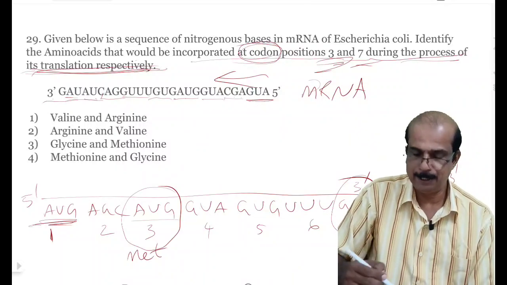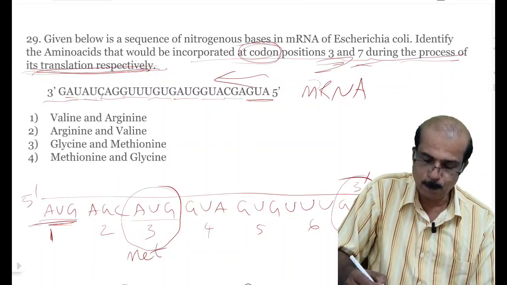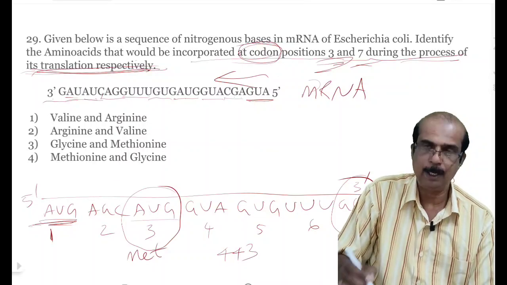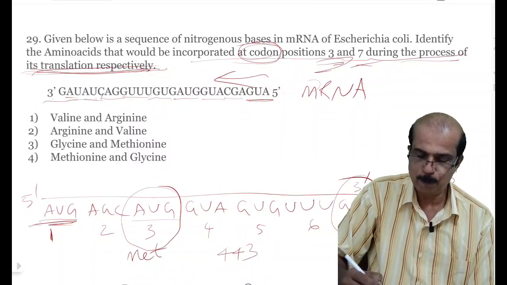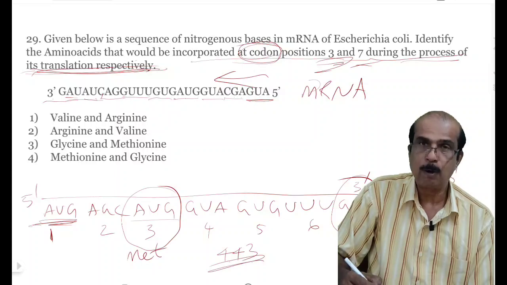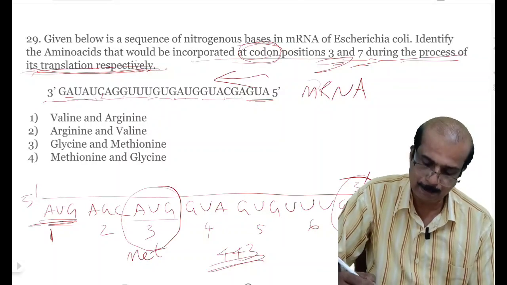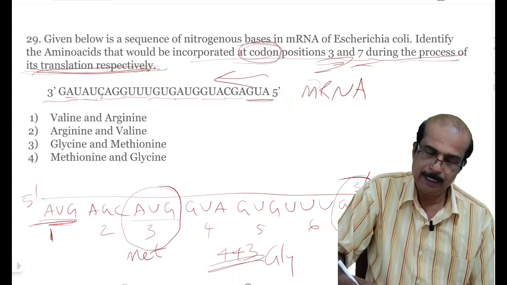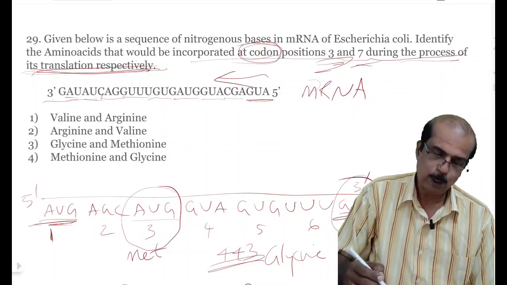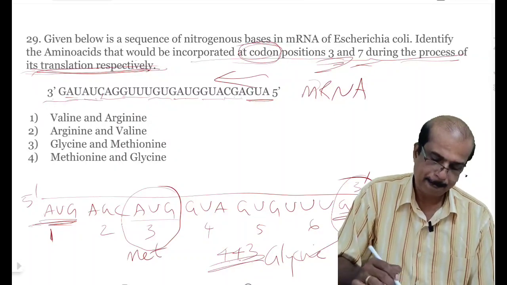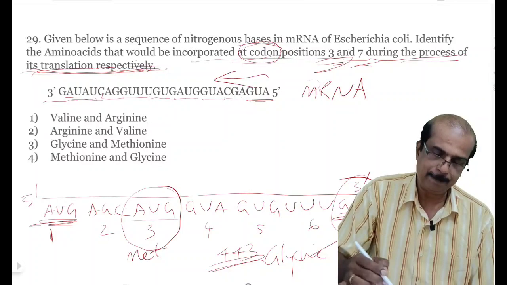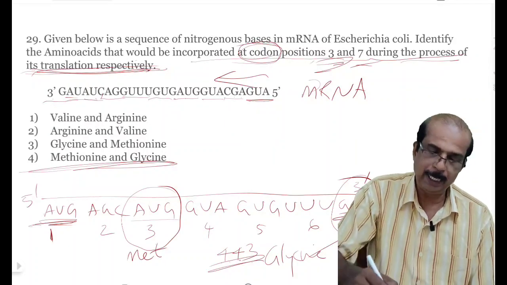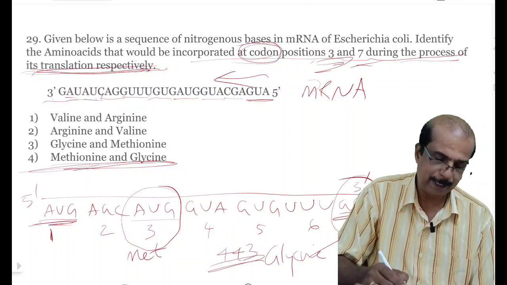GGA is code number 443, using UCAG. Fourth column, fourth row, that is none other than glycine. GGA is glycine. So our answer is methionine and glycine. The third codon codes for methionine, and the seventh codon codes for glycine.